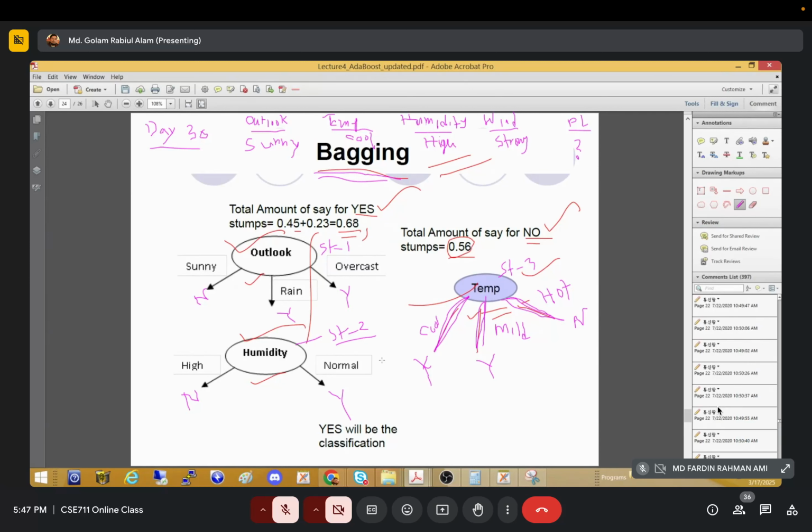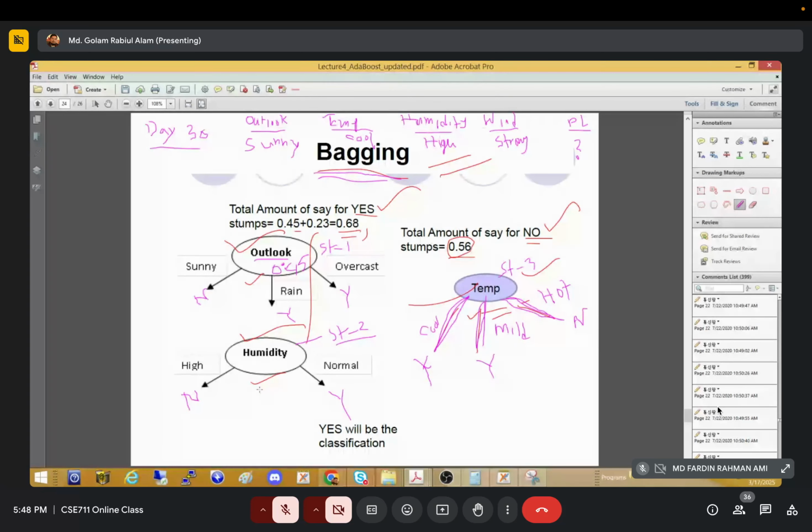In the construction of the stump, we also know the weight of the vote of each stump, or the amount of say, that is the alpha value. So we have determined the alpha for stump 1, that was 0.45, if we can remember that.